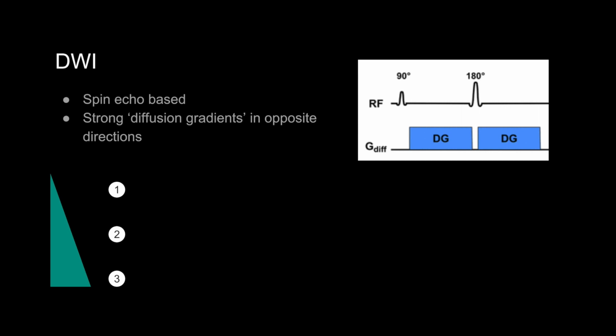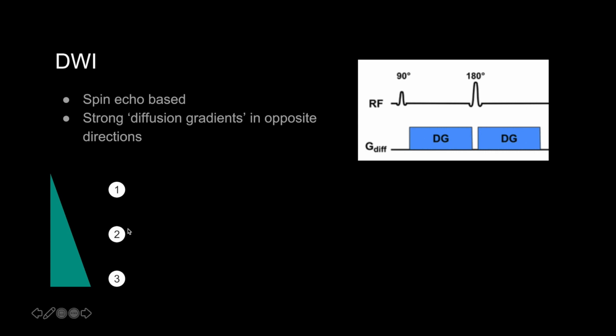If we apply a very strong gradient or magnetic field that varies over space, which is a gradient, each of these molecules or nuclei here experiences a slightly different field strength based on where it is relative to this strong gradient. So we have a stronger magnetic field down here because of the gradient and a weaker magnetic field up here. Field strength is directly proportional to the precession frequency, the Larmor equation.